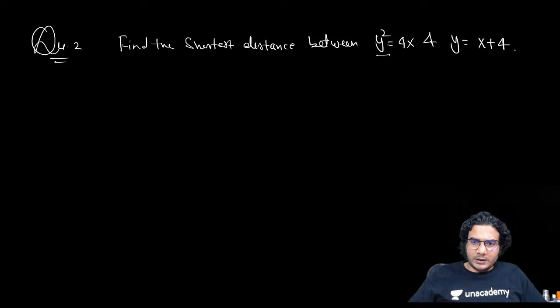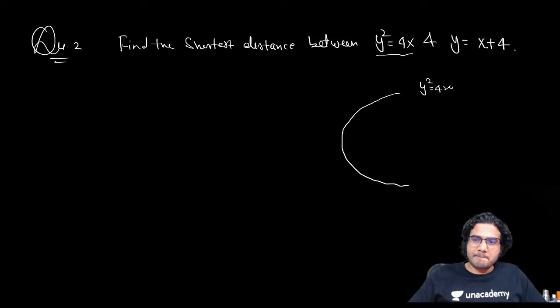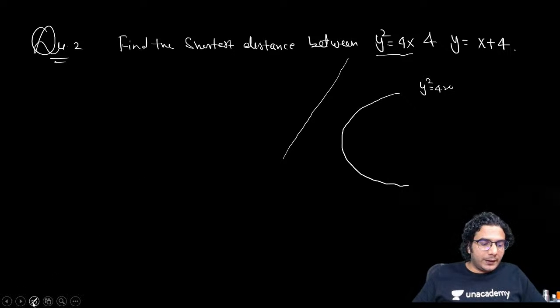So it's a parabola, a known curve by the way, and even if it is not known, it will work. The parabola is like this: y square is equal to 4x, and this is a line. Say the line is like this. Now you need to find the common normal.